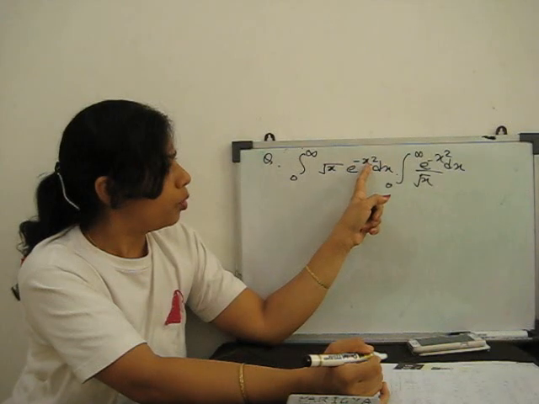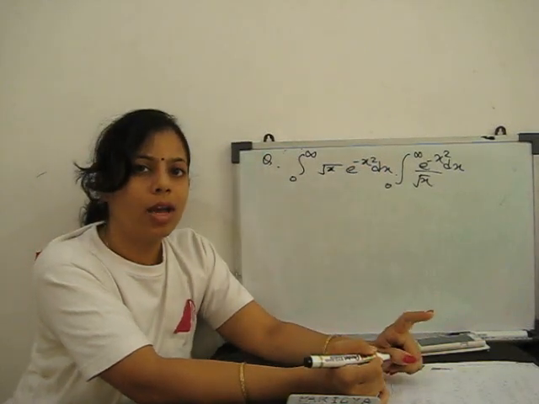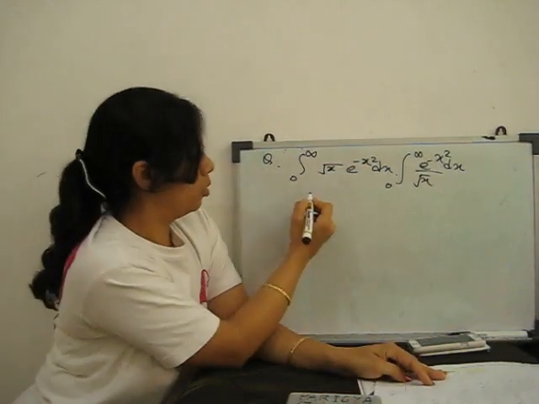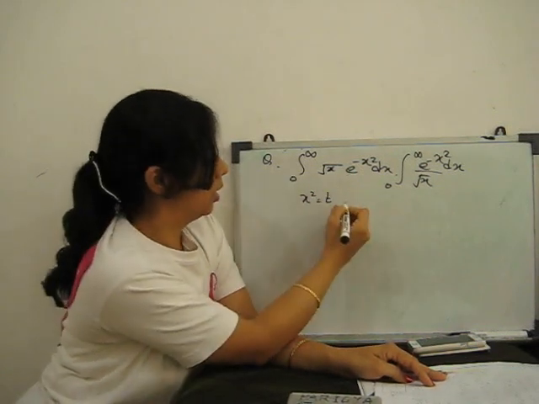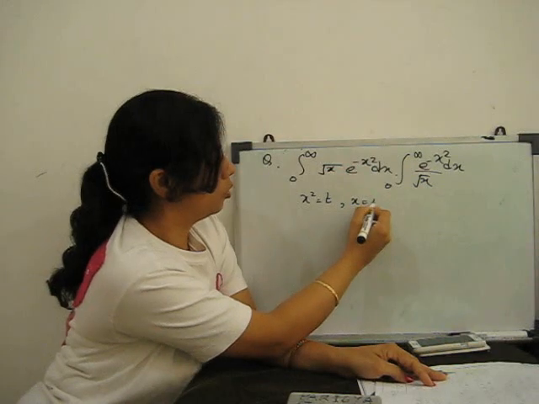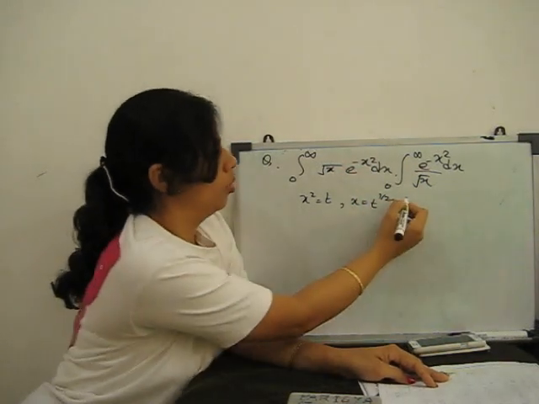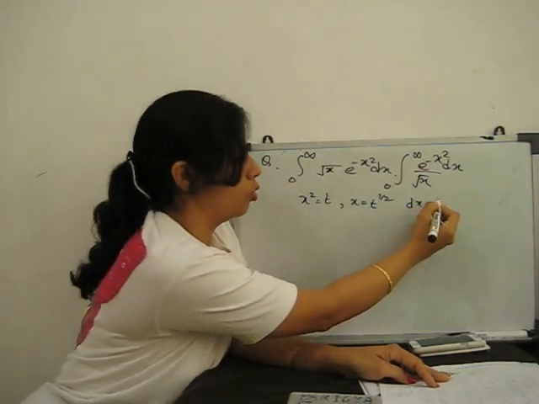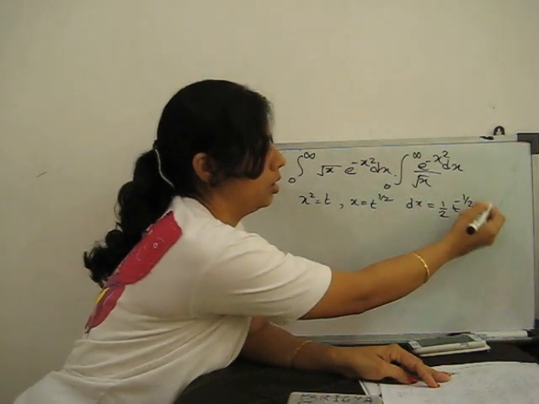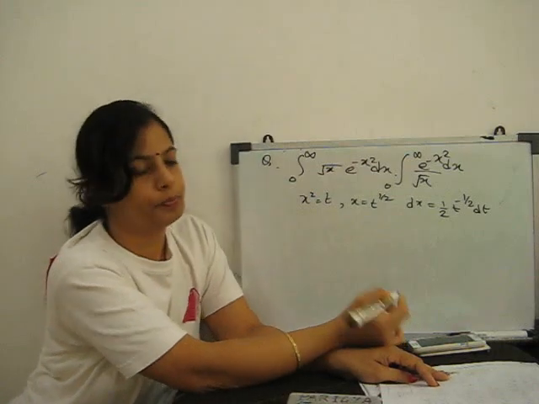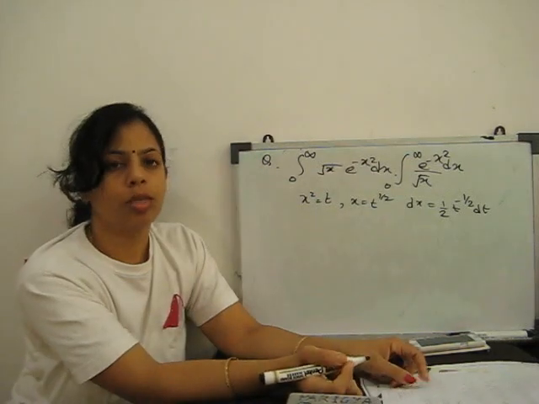Say you put x square equal to t. Very good. x square is equal to t means x is equal to t to the power 1 by 2, dx is equal to 1 by 2 t to the power minus 1 by 2 dt. Clear? Substitute in both integrals.